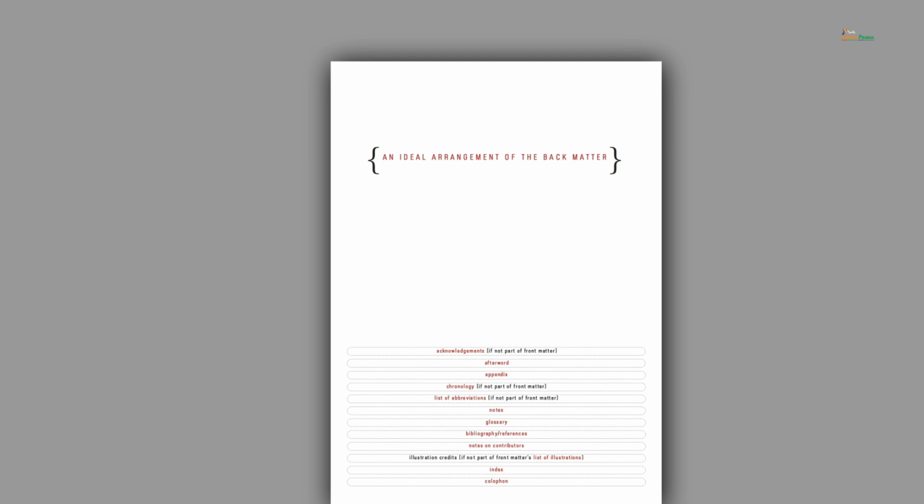You may have an afterword. You may have 1 or more appendices. There could be a chronology if it's not part of the front matter. There could be a list of abbreviations if it is not part of the front matter. We can have notes, glossary, bibliography or references. We can have notes on contributors.